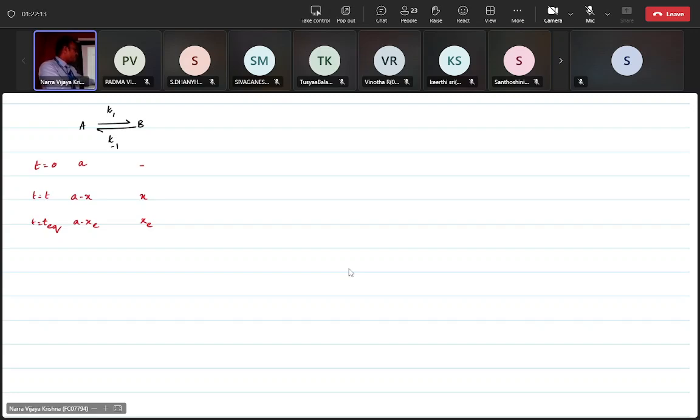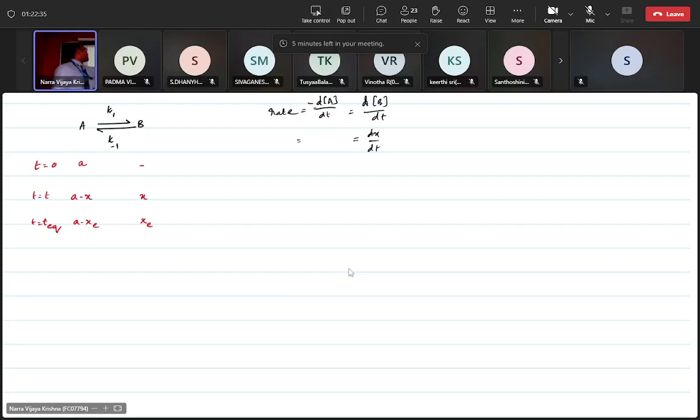For A also, final concentration minus initial concentration by t is minus x, but it is a reactant, so I will write minus dA by dt. Minus dA by dt is nothing but equal to the rate, which is equal to dB by dt. I am writing it as dx by dt.